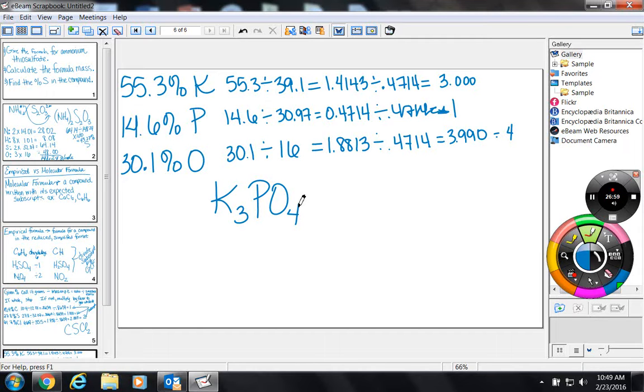K3. What I mean by a factor is, if you get an answer right here that's like 1.33, instead of a whole number, what would you have to multiply 0.33 by to get a whole number? 3. So let's make a list.